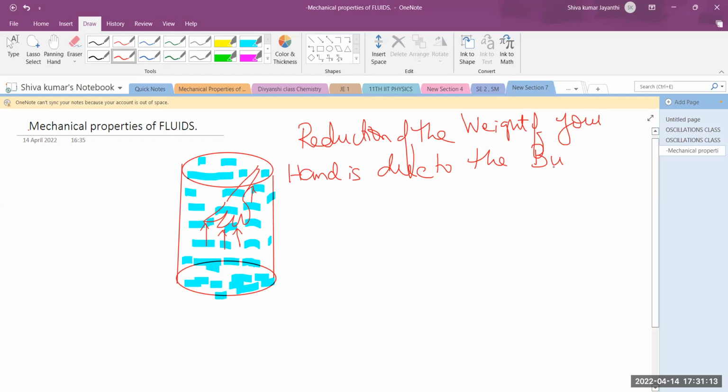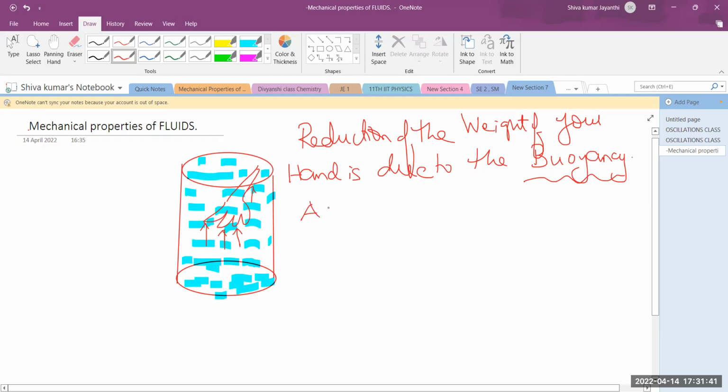But that's what we are trying to understand. Buoyancy means the force with which the hand, every day we are hearing this. Force due to buoyancy. We say your weight seems to be reduced, no? Buoyancy. This is called the Archimedes principle.